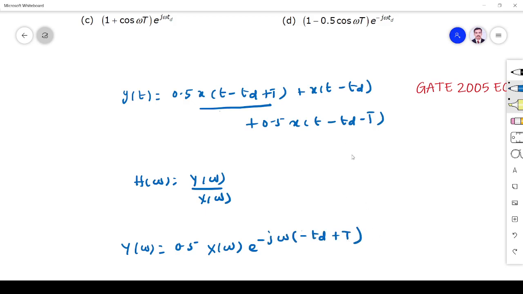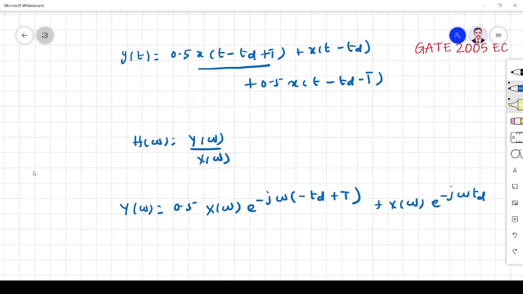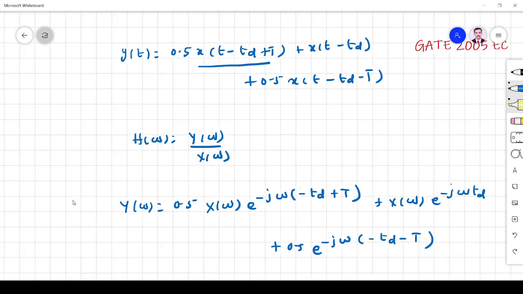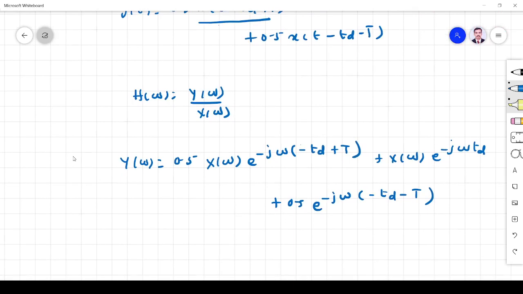So that's fine. Next, for this term, x of omega e power minus j omega td. Then for this point, 0.5 e power minus j omega into minus td minus t. Right? So that is the point. Okay, so what will happen?